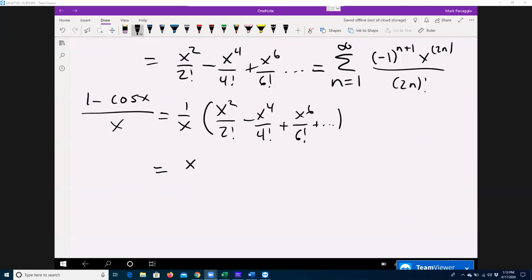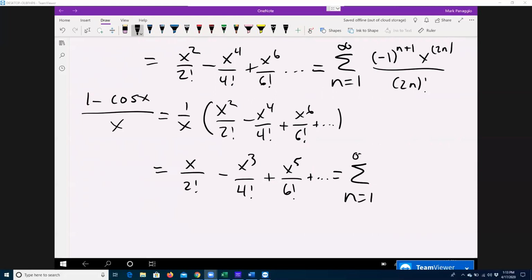Which is going to be x over 2 factorial minus x cubed over 4 factorial plus x to the 5th over 6 factorial. And in summation form, all that we did was we just decreased the powers of x by 1.